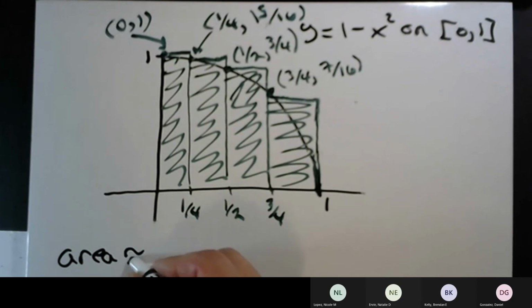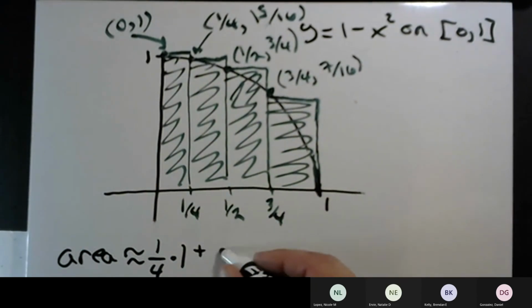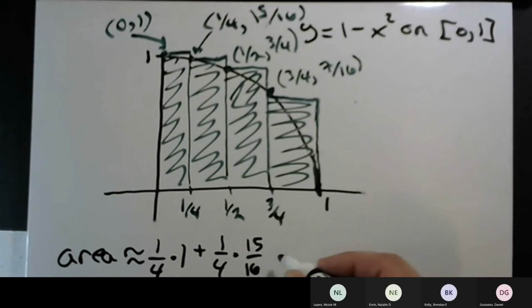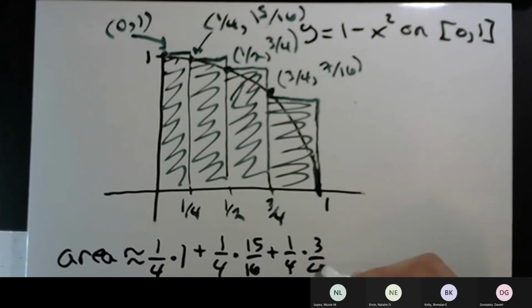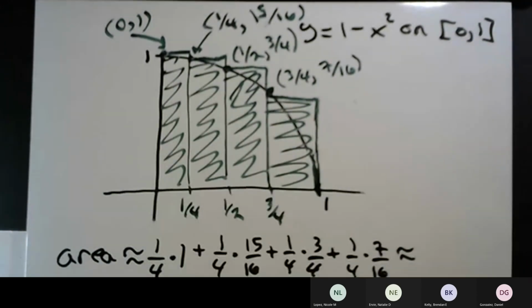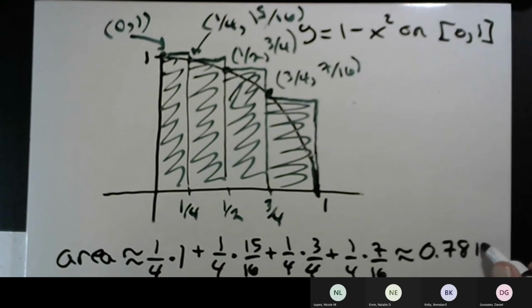So the area is approximately 1/4 times 1 for the first rectangle, 1/4 times 15/16, 1/4 times 3/4, and 1/4 times 7/16. And this one, we overshoot, we get 0.78125.